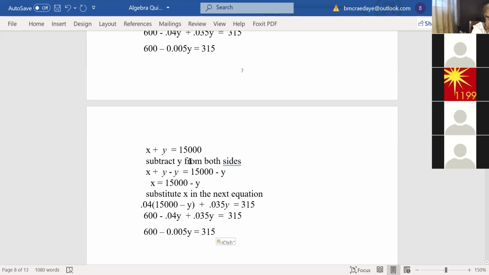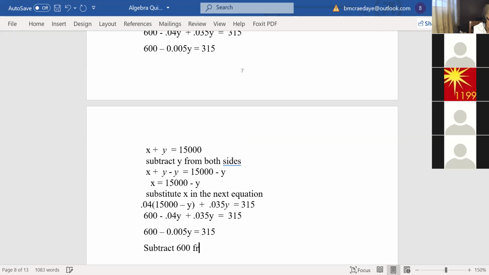Well, let me give you a hint. How would you get the 600, which is a constant, with the 315? You want to get the 600 over here. So what would you do? Subtract is right, but subtract what? Subtract 600 from both sides? That's right. Very good.